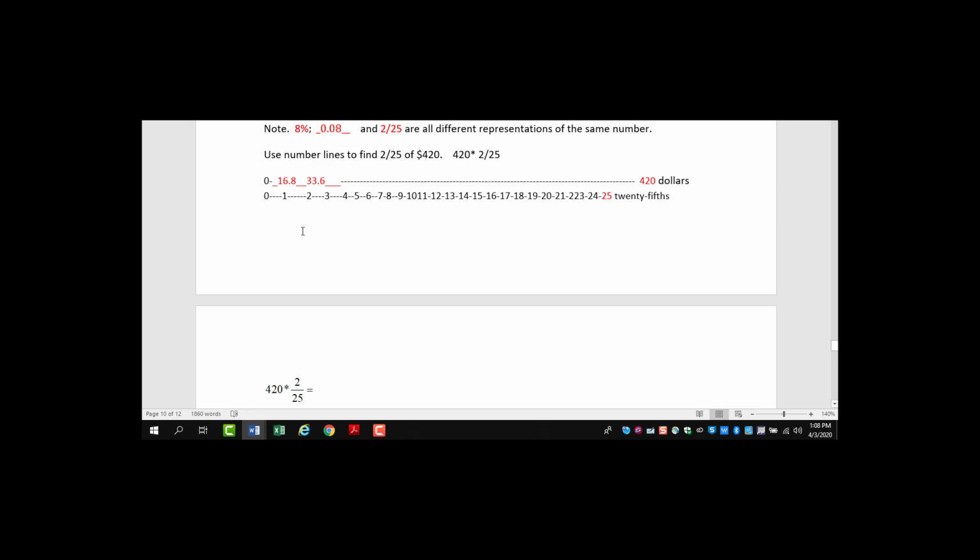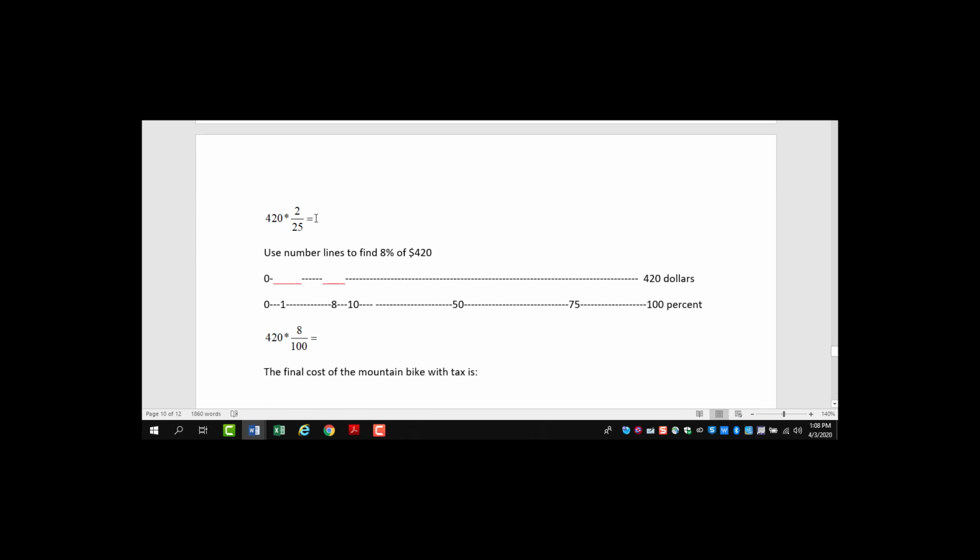That's 2/25. So really, 420 times 2/25 is 420 divided by 25, which is 16.8, and then multiplied by 2 is 33.6.